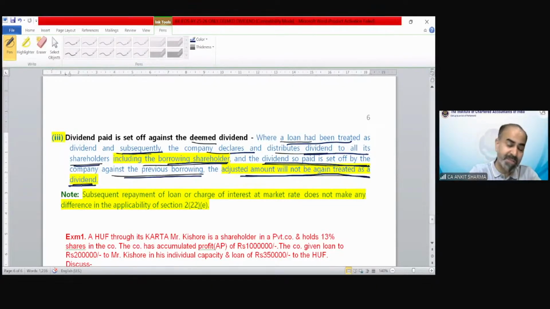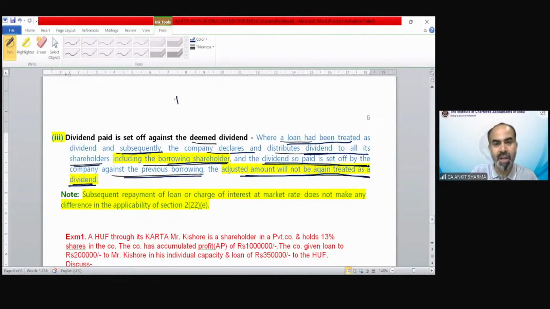So if anything has already become your deemed dividend under section 2(22)(e), due to the loan you have taken, and if you now receive any normal dividend, and you say to the company that I do not want this 20,000 of dividend, kindly set off this 20,000 of normal dividend out of my 1 lakh rupees of loan, which has already been treated as deemed dividend, then this extra 20,000 which you have received as dividend will not be regarded as your dividend.